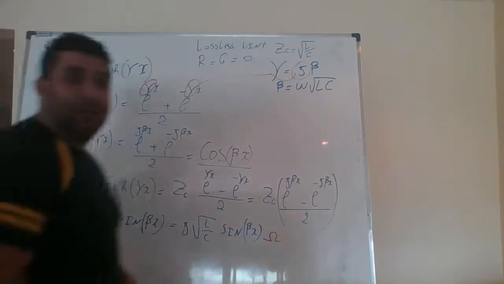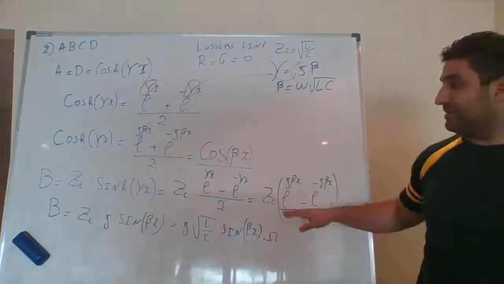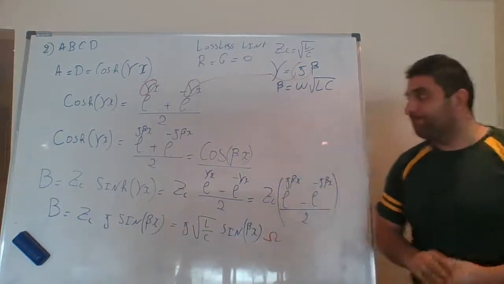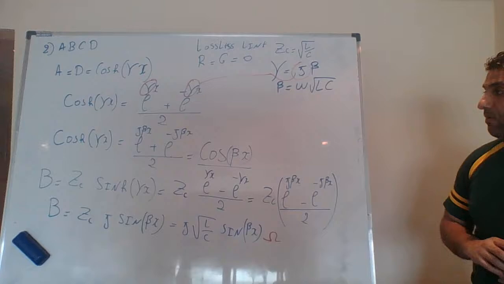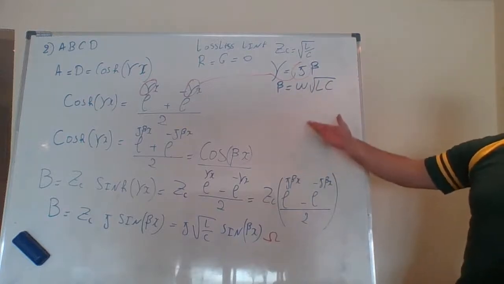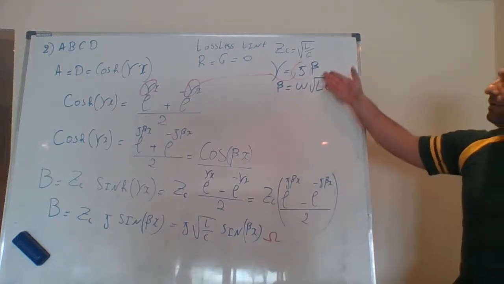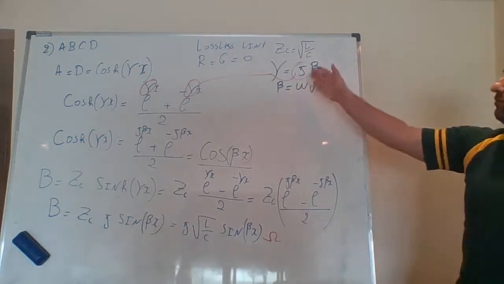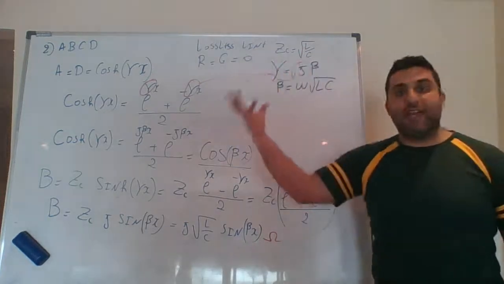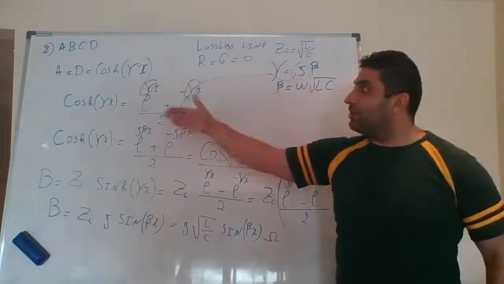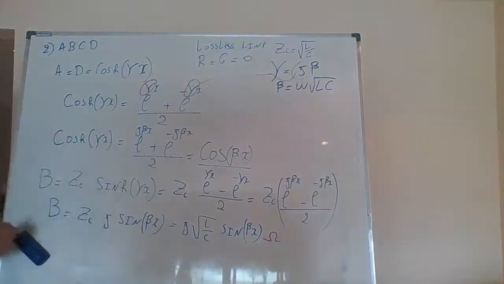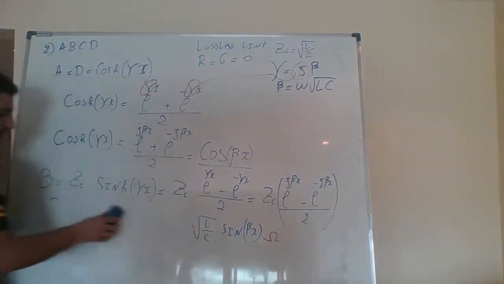Is that clear? Let's take a moment to comprehend this before we delete this section. So all I'm doing is converting ZC and the propagation into the lossless element, and then I rewrite A, B, C, D. So now, if I do the same for C, let me write it down.